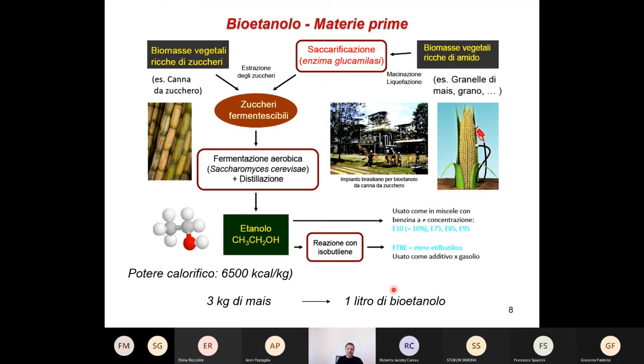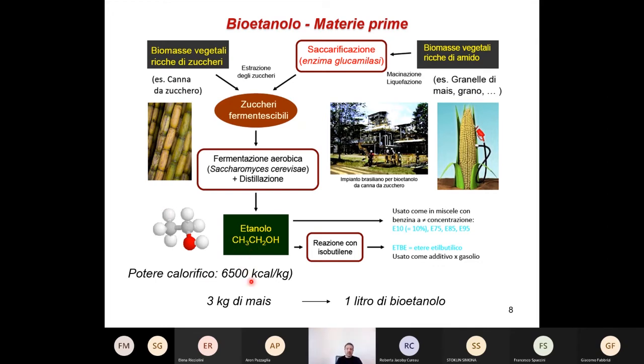Okay, just a look to the heating value. Of course, you don't have to remember this value, but just to underline that this biofuel has an energy content very much lower compared to gasoline, and it's an important problem for engines. But just a minute to reach this consideration.